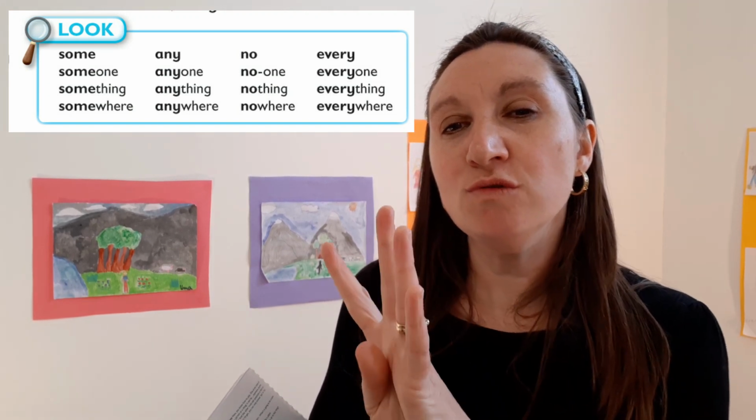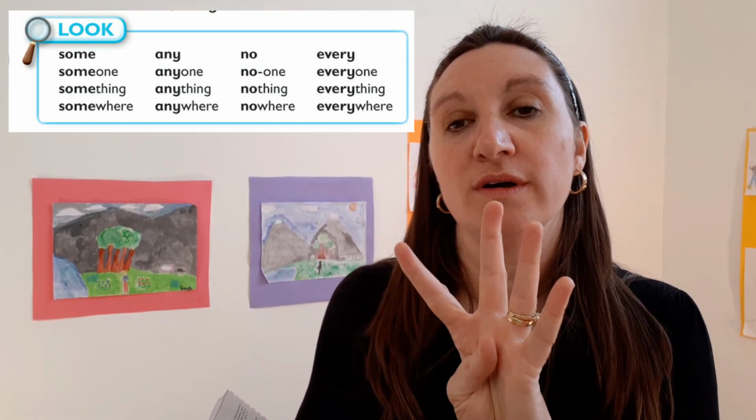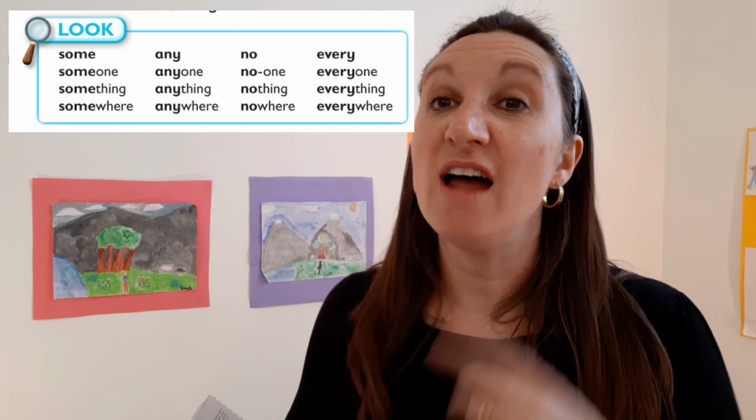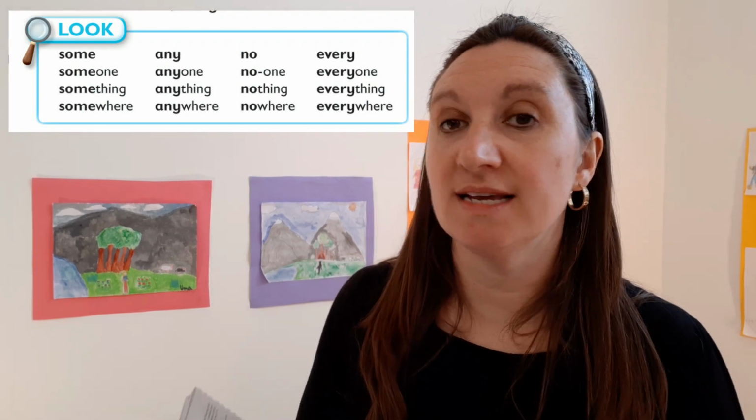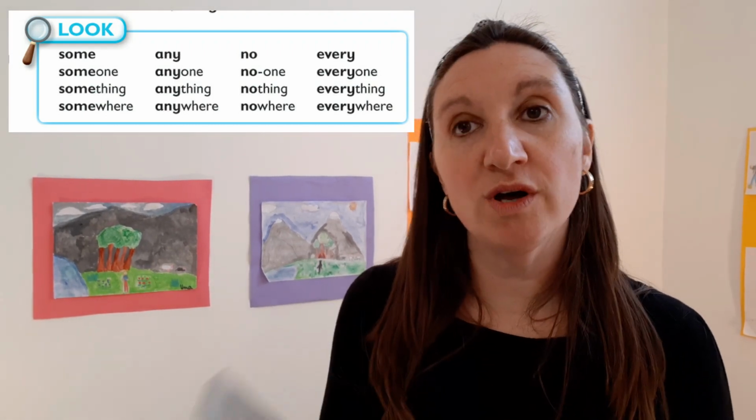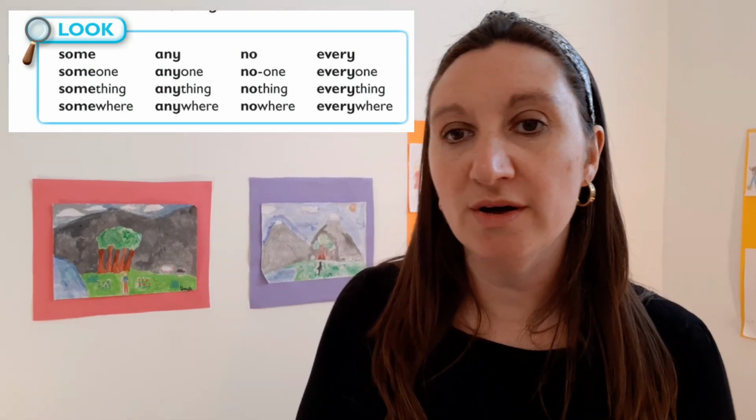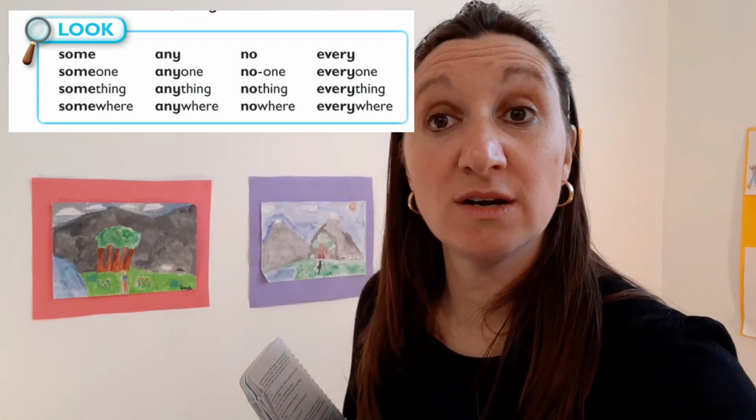Choose four of those words and write four sentences. You can use song lyrics that use these words, or you can make up your own sentences. I'm going to give you a moment to write those in your notebook, and you can take a picture and send them to the English Institute and I will look at them.